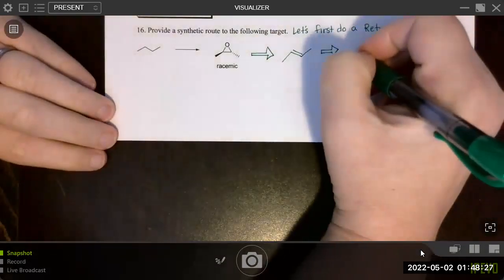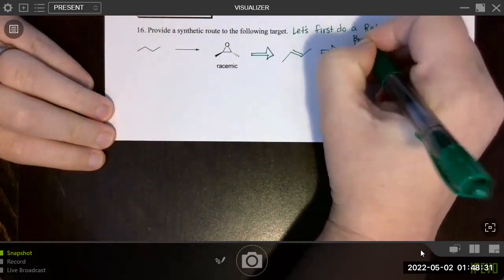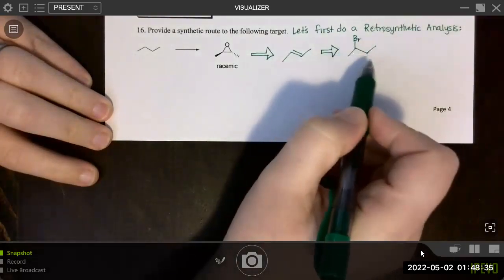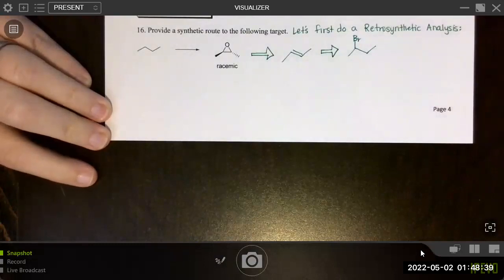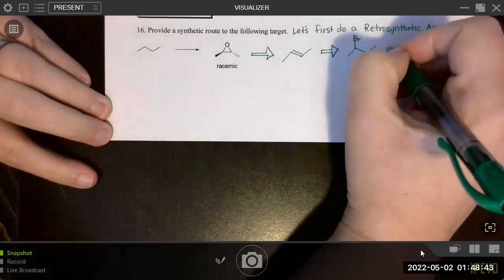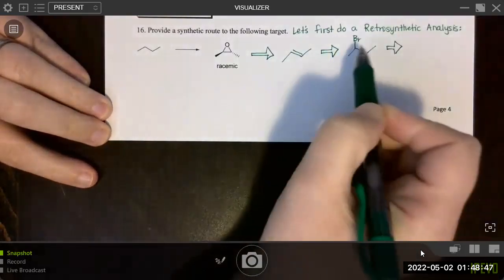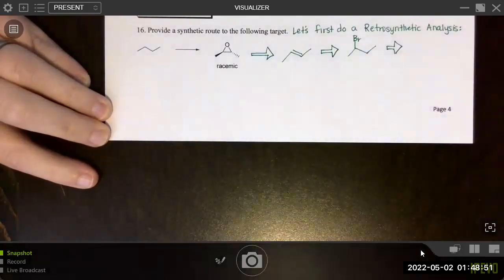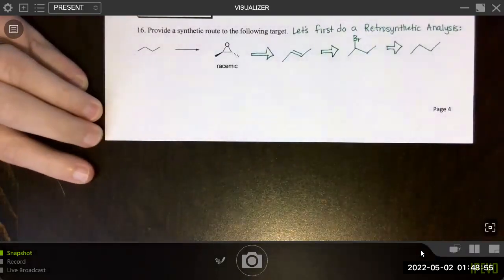So perhaps we had a bromine, which is a great leaving group, right? Then we would be able to do an elimination, get the Zaitsev product, right, to get that alkene. And then how would we add a bromine on an alkane? Well, we're going to do radical halogenation. And since this is the most substituted carbon and these are equivalent, the bromine will definitely go there. All right, so this is our retrosynthetic analysis.